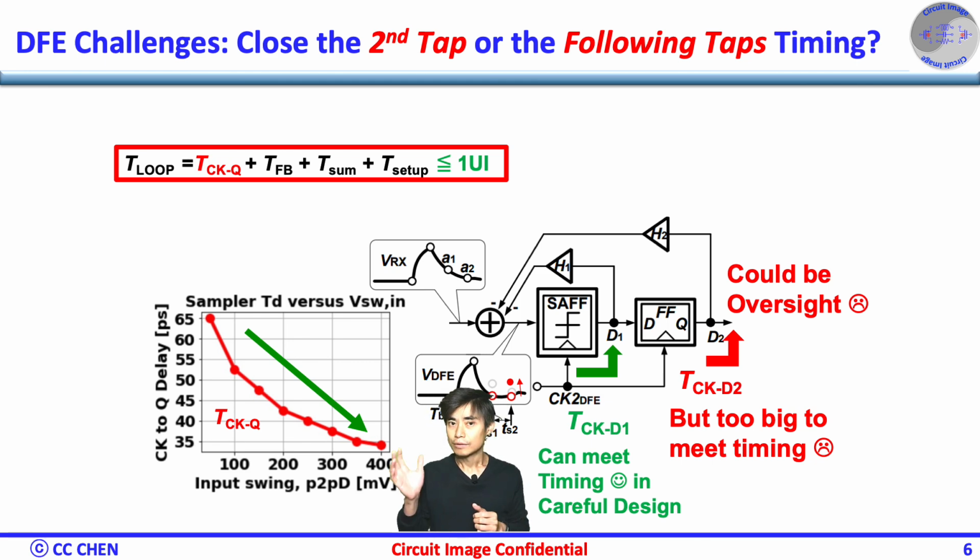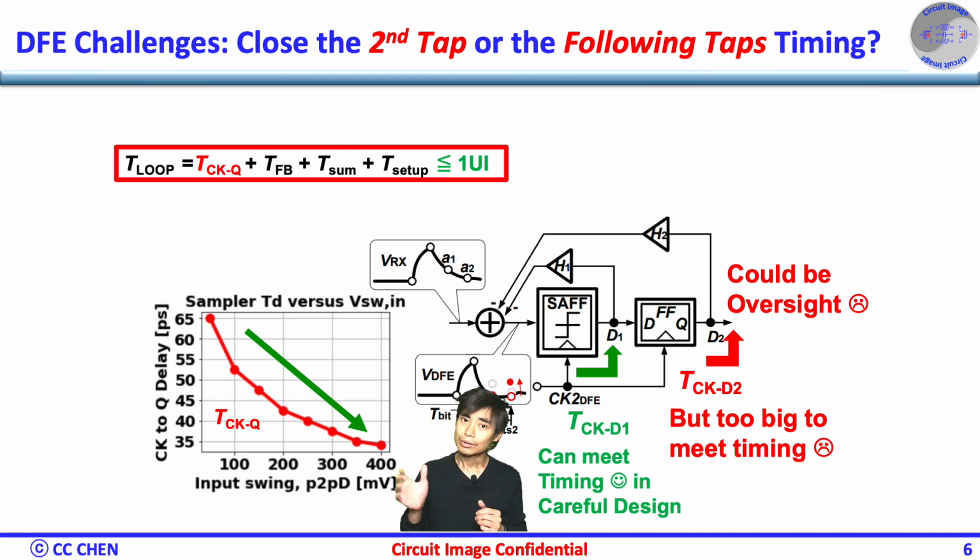Also, the flops may require a longer setup time than the StrongARM latch. Furthermore, the signal routing over feedback buffer design might not be optimized well enough. And then, indeed, the first tap's feedback timing is really shorter than other taps.